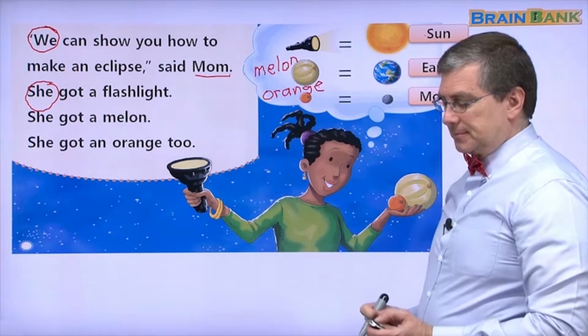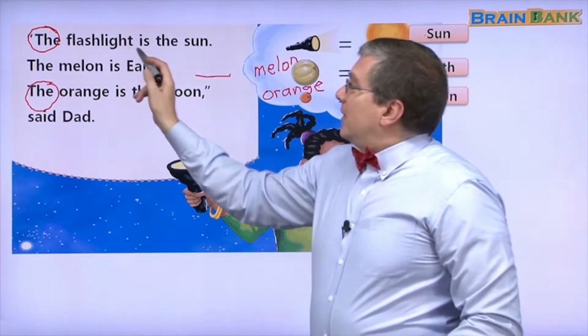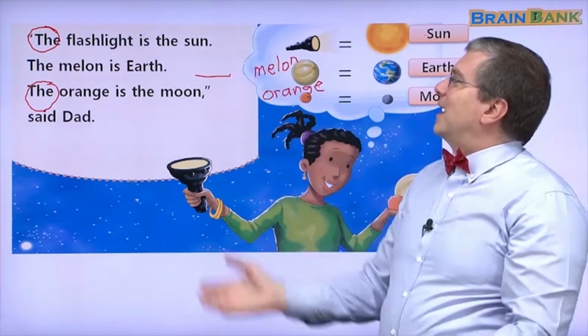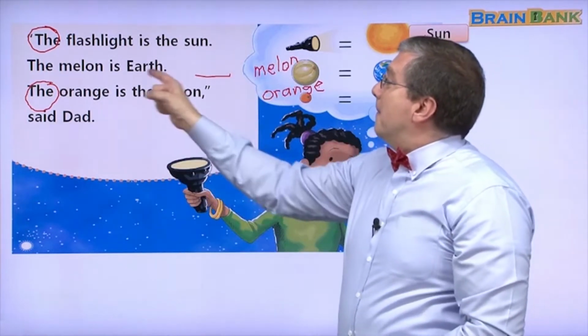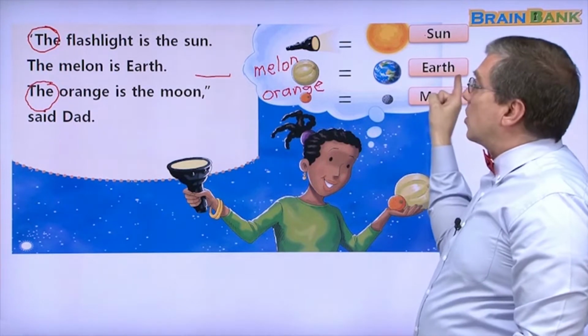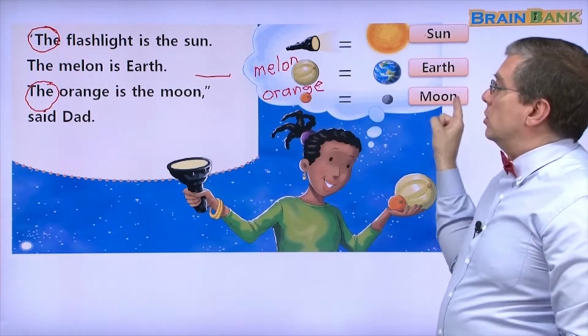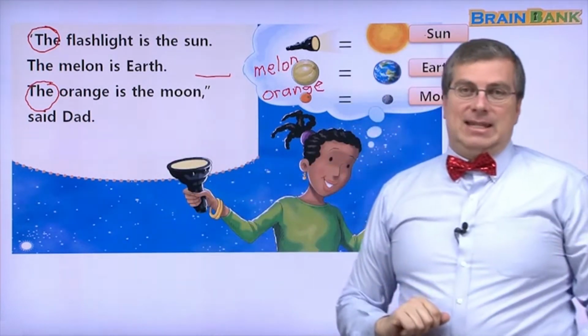Okay. The flashlight is the sun, right? The flashlight is the sun. The melon is the earth. The orange is the moon, said Dad.